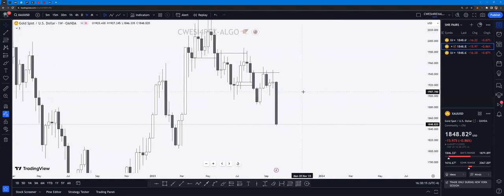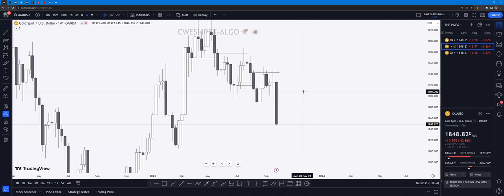So we have some rules for storyline. Rule number one is price goes from fresh to fresh, so always look for fresh levels. Fresh resistance to fresh support, from fresh support to fresh resistance.